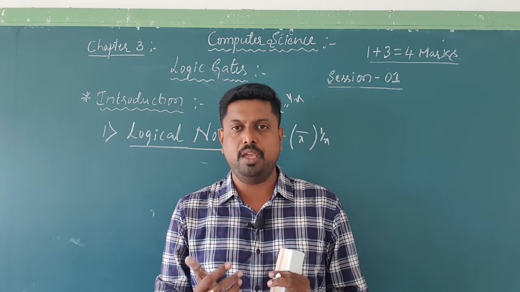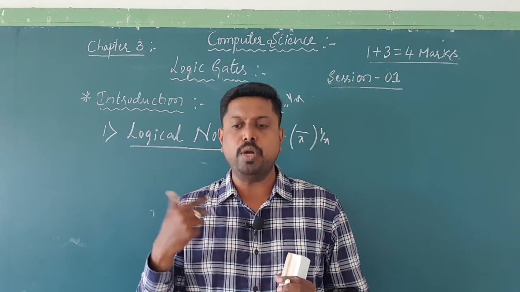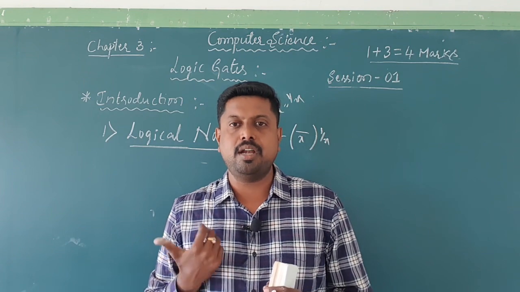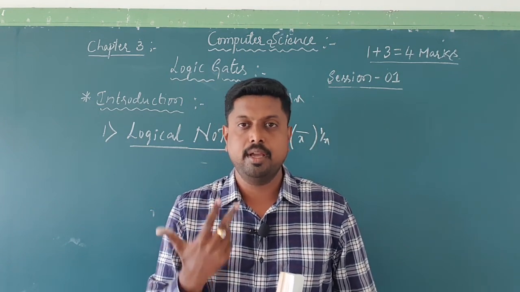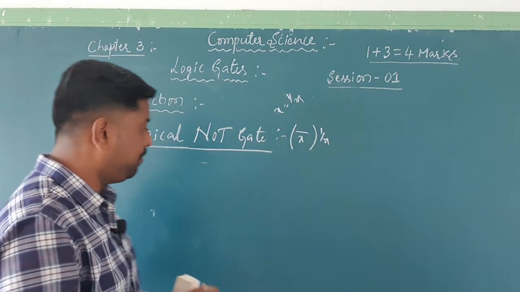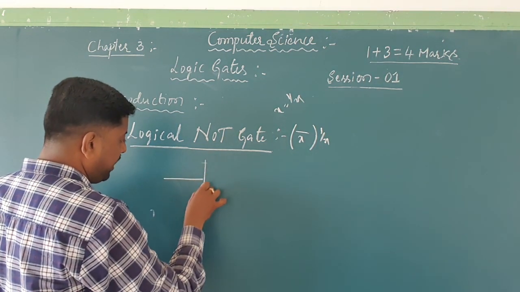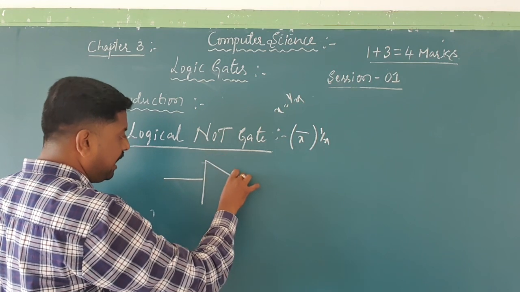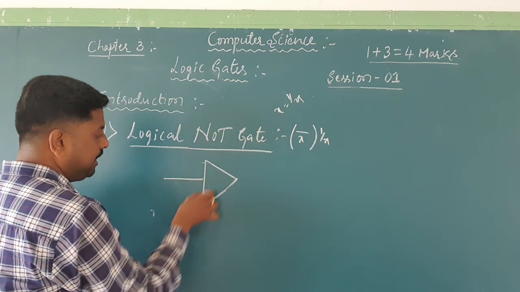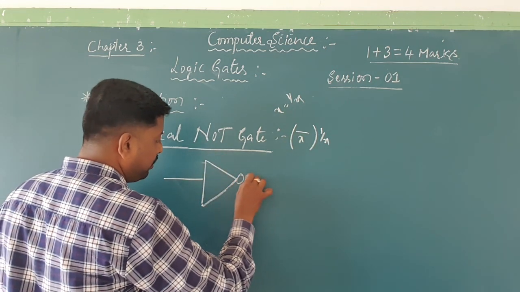Whatever the input you give, it is converted into its complement. So that is the NOT gate, and I will show you the symbolic representation. It accepts a single input and produces a single output.